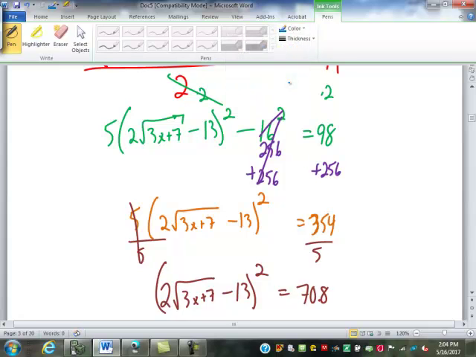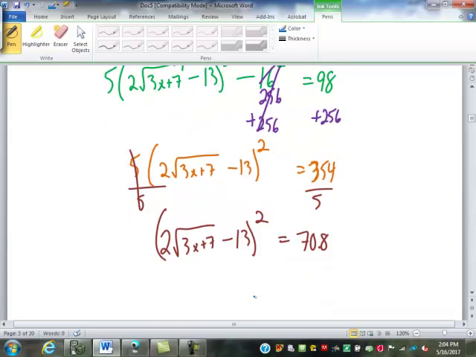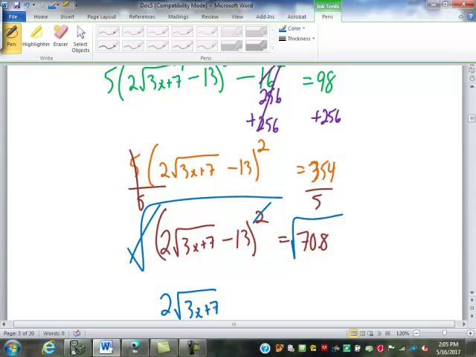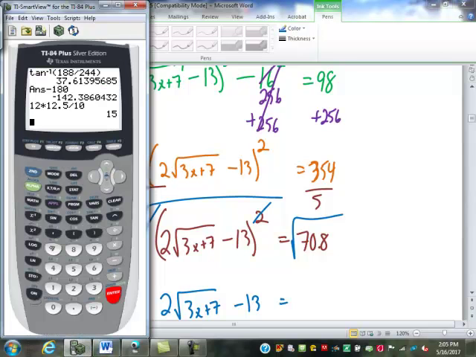Now I have that squared there. To get rid of the squared, square root. So that squared and square root will cancel each other out. What I have left here is 2 times the square root of 3x plus 7, minus 13. So I have to do the square root of 70.8.